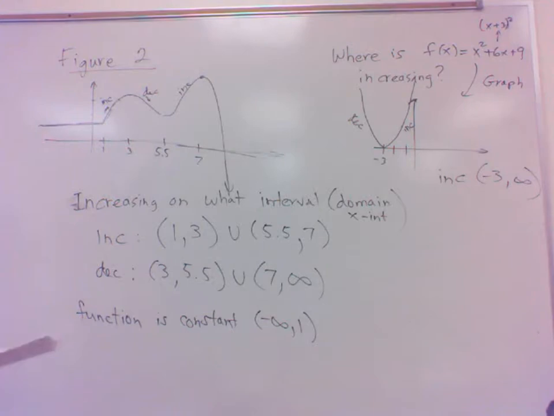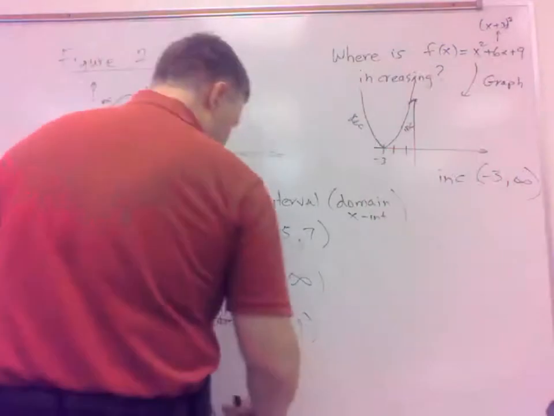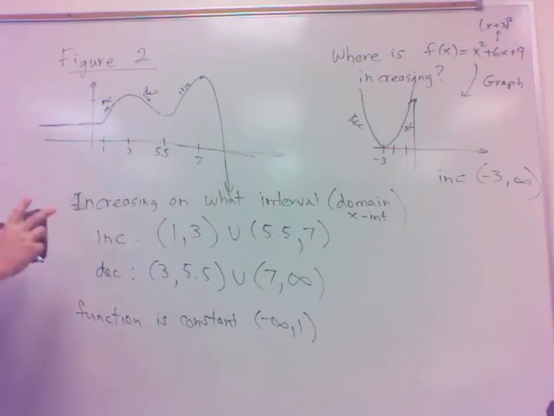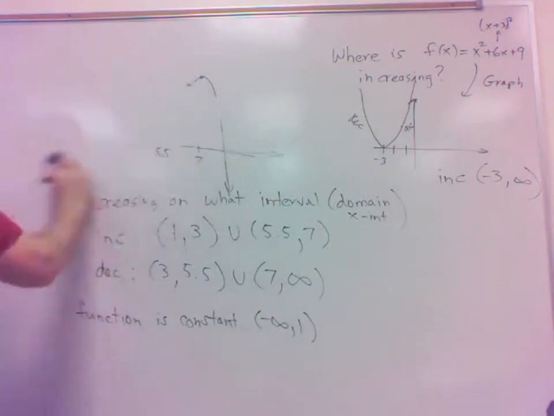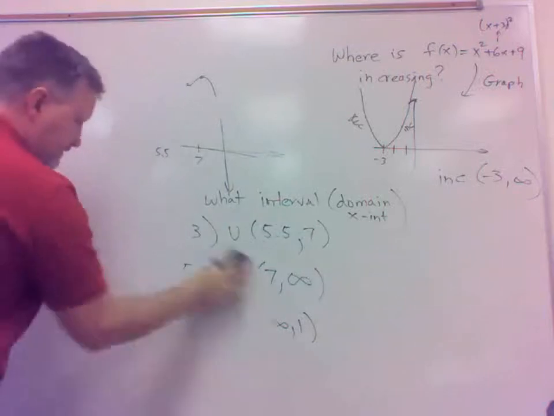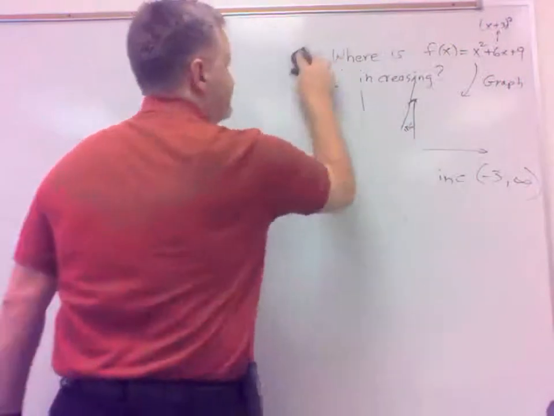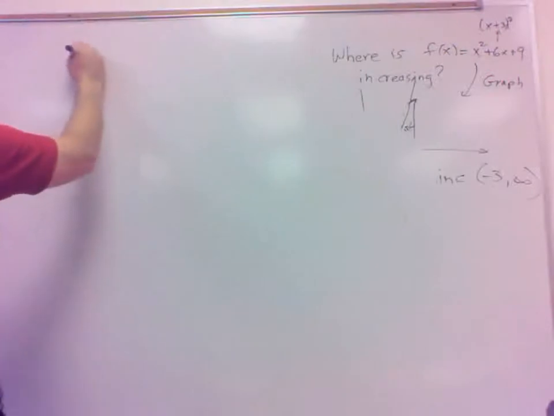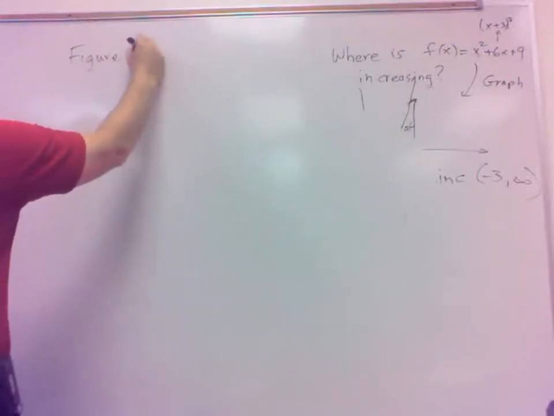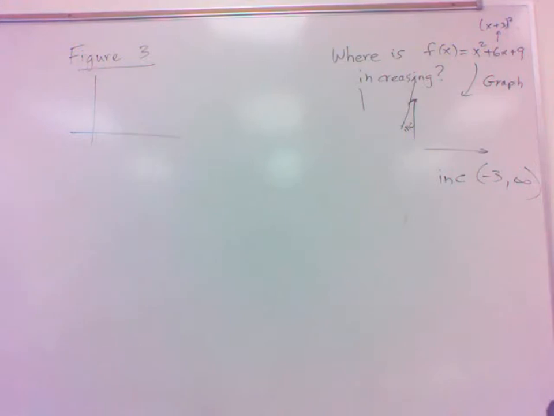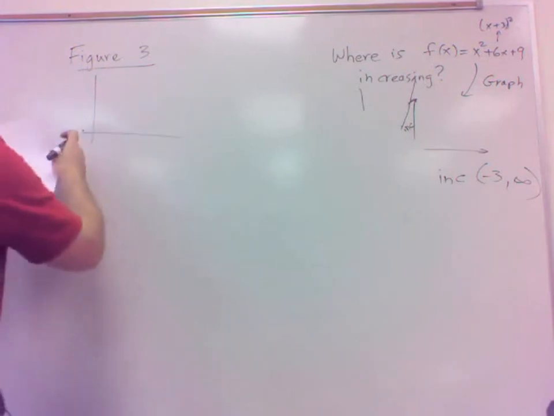Now, figure 3, I give you that one because we're used to these smooth flowing functions, but that won't always be the case. In figure 3 there, I've got some sharp angled graphs. So looking at figure 3 on the handout, let's try to represent it up here.